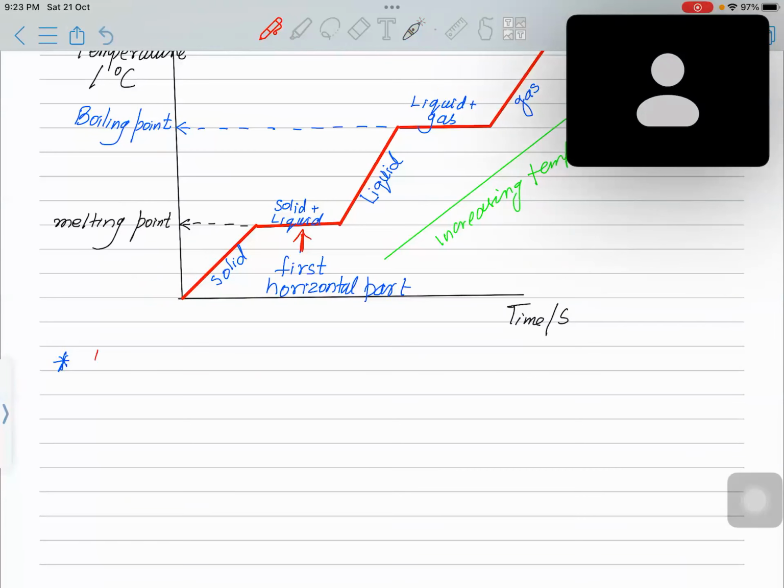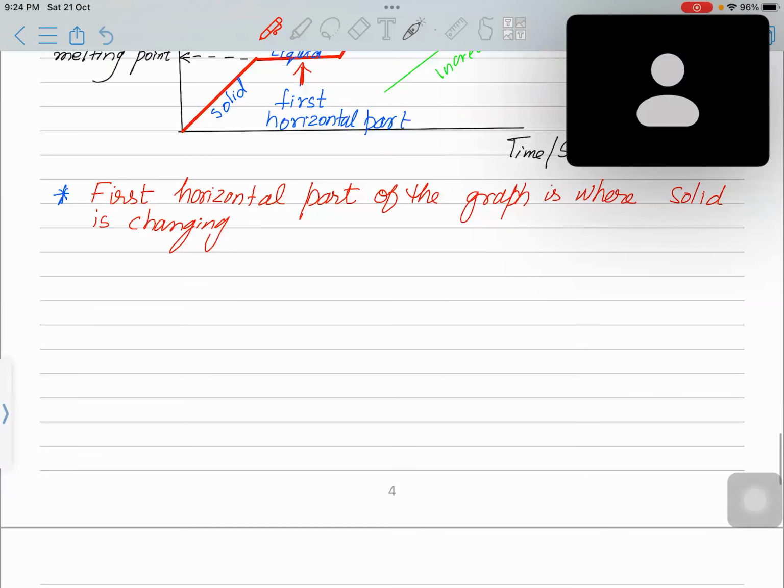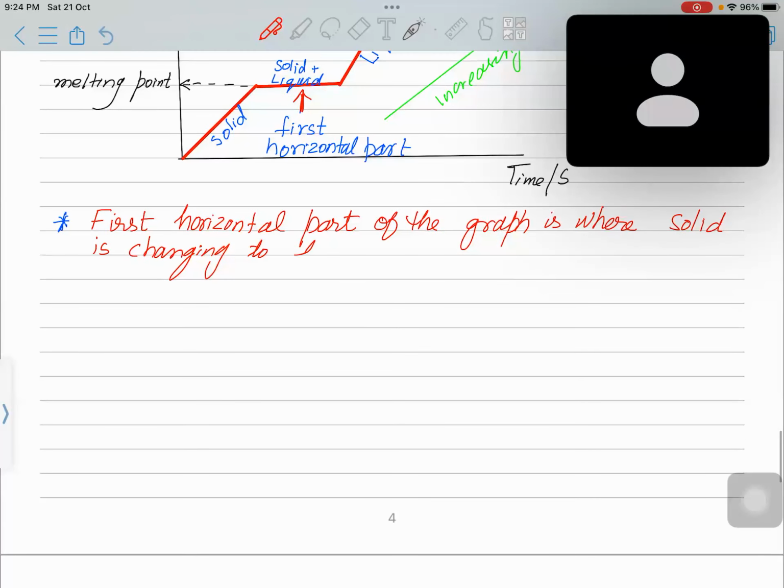The first horizontal part of the graph is where solid is changing to liquid.